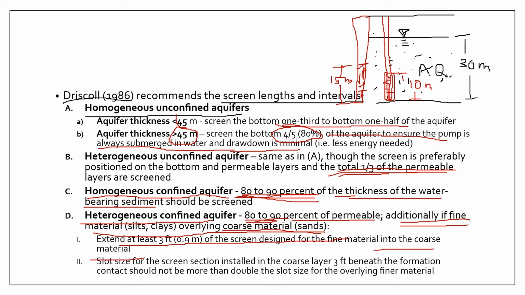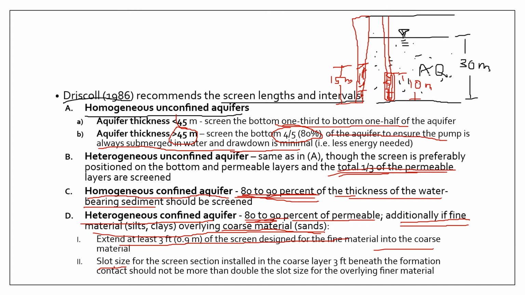The purpose of this is to prevent the fine materials from flowing downward through the bigger apertures in your coarse material. So the purpose of it is to prevent sand flow, or flowage of your fine materials, or internal erosion.